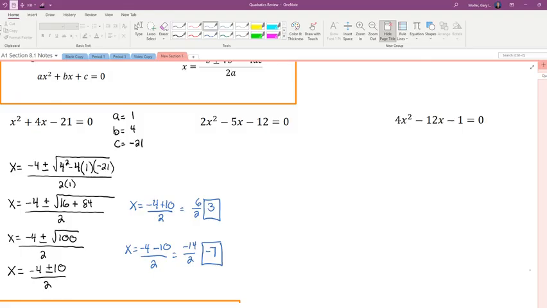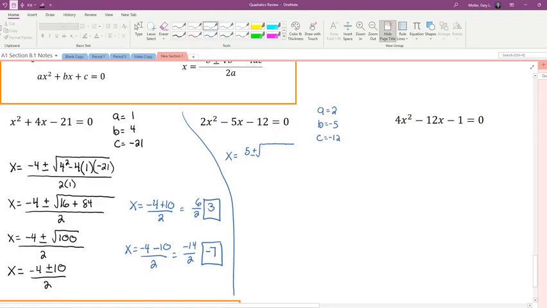All right, next up, identify your parts. A is 2, B is negative 5, and C is negative 12. All right, so x equals negative b, so that's 5, plus and minus the square root of 5 squared minus 4 times 2 and negative 12.